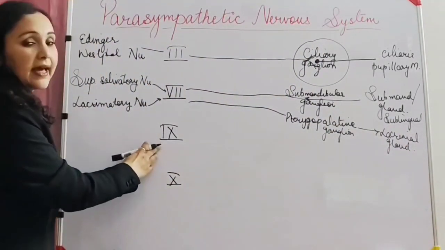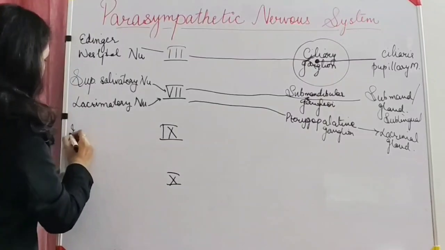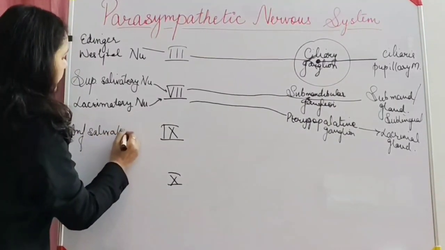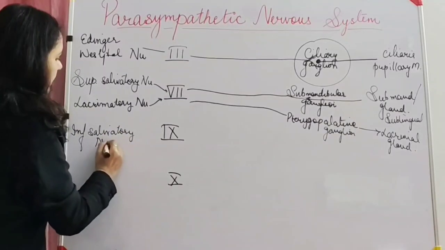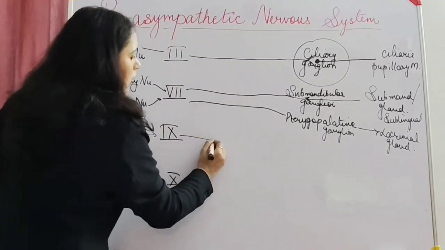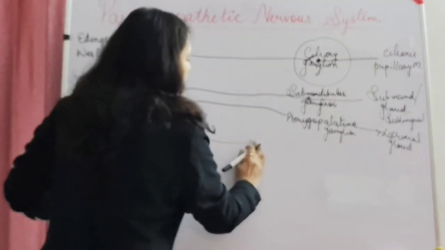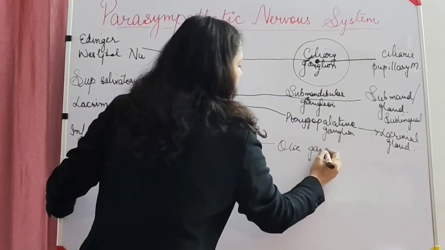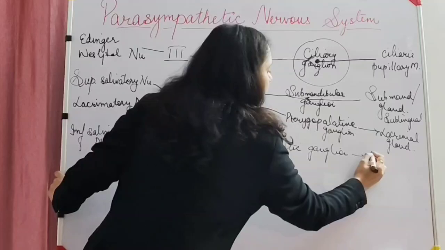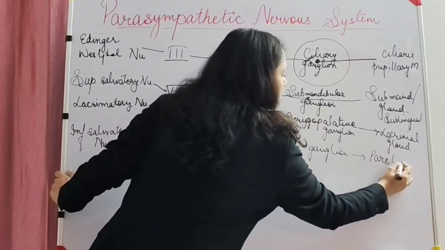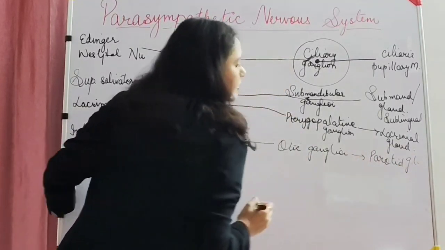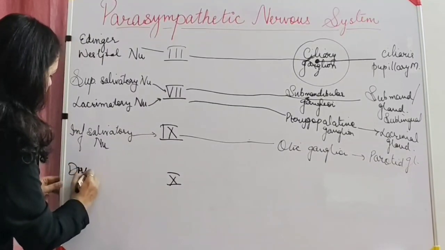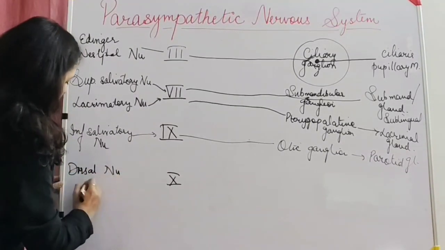Then we have the ninth nerve, the glossopharyngeal nerve. Again, there is an inferior salivatory nucleus. The fibers arise from it, go along the ninth nerve, relay in the otic ganglion, and then supply the parotid gland. Then there is the dorsal nucleus of the vagus nerve.